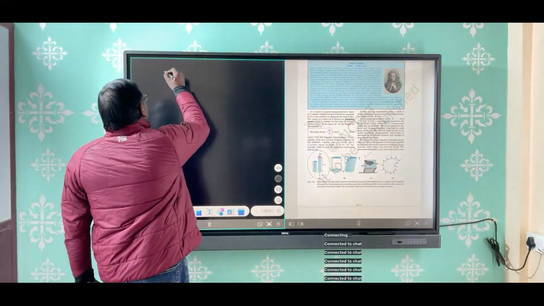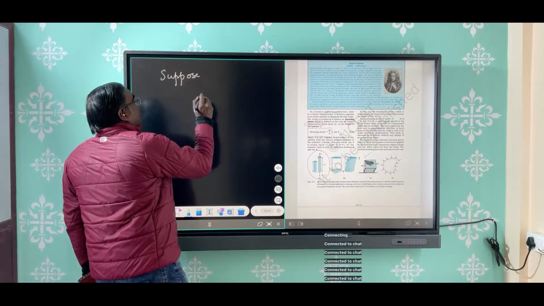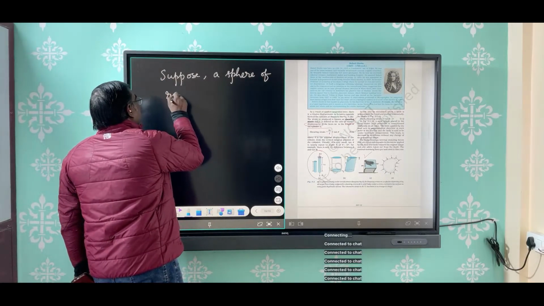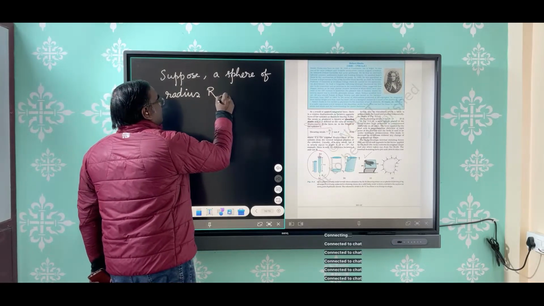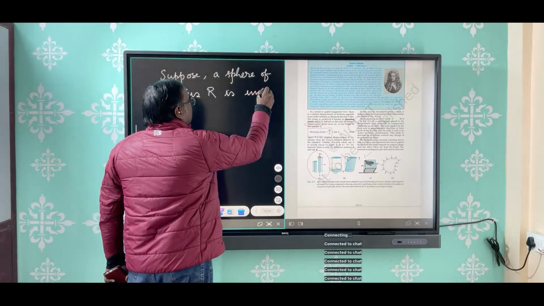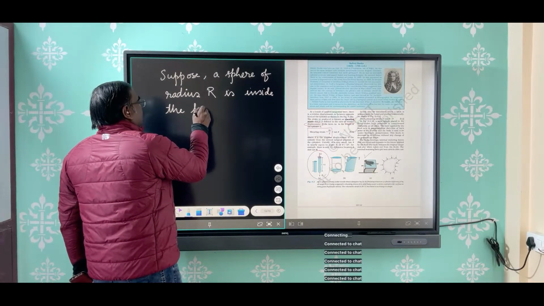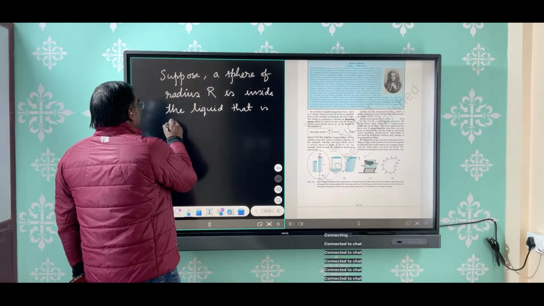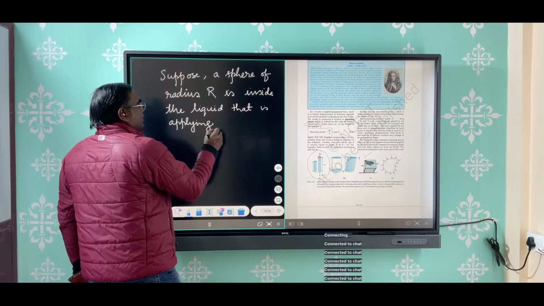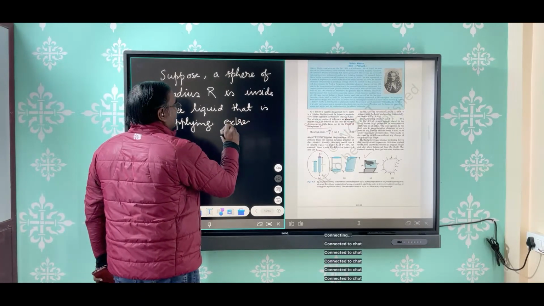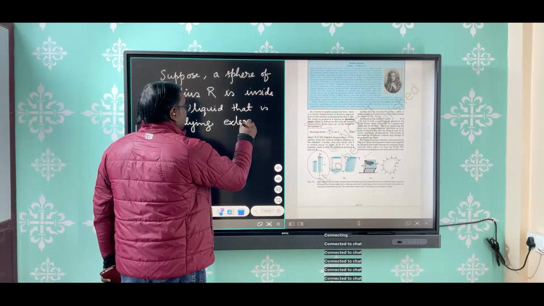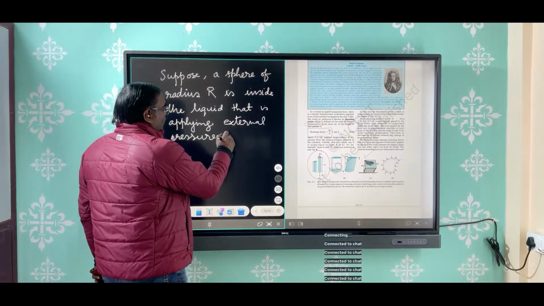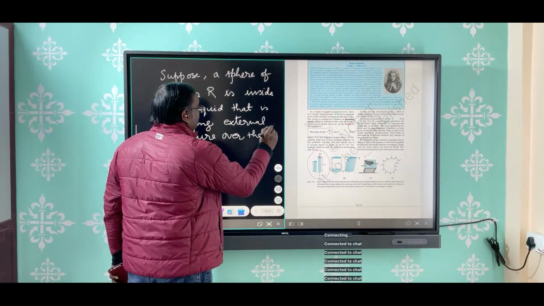So focus here. Suppose a sphere of radius capital R is inside the liquid that is applying external pressure over the sphere, right?